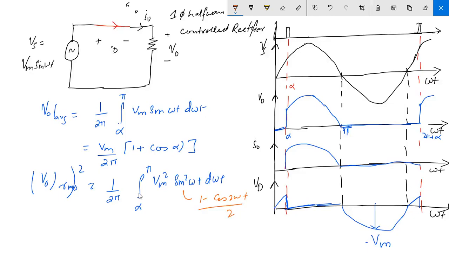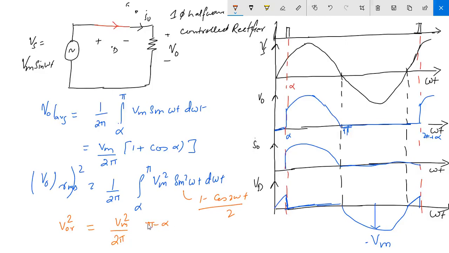So you just work it out. The final value you will get is V naught RMS square equal to Vm square upon 2 pi times (pi minus alpha) and so on.